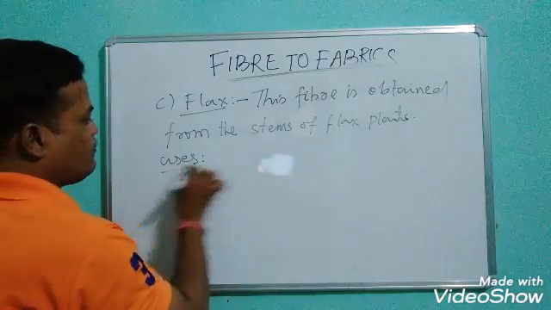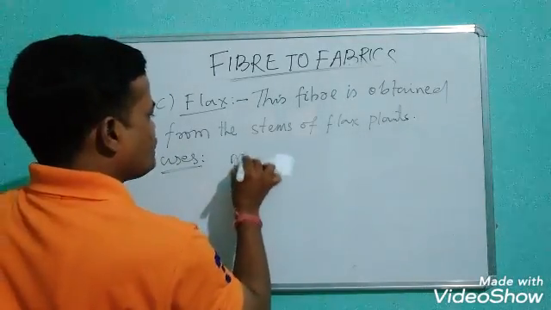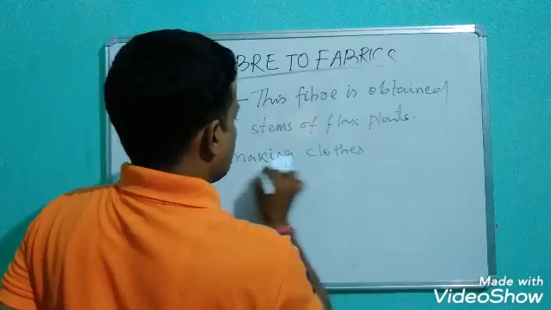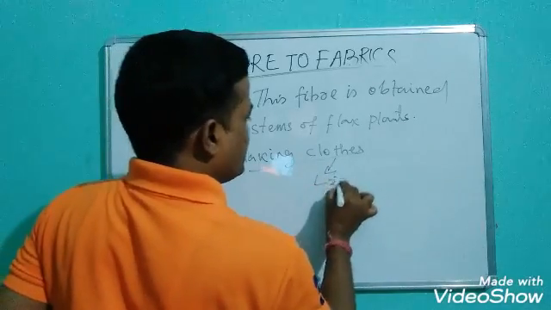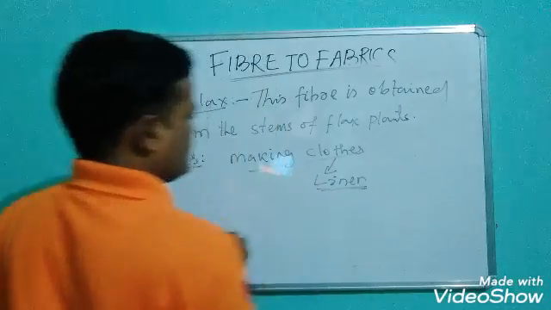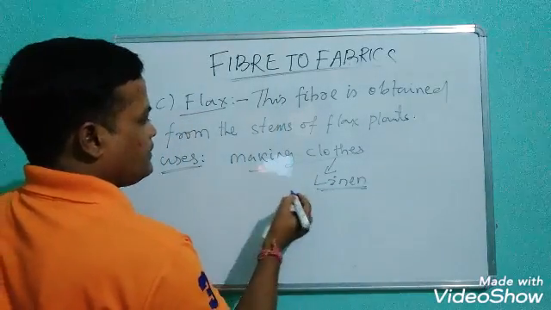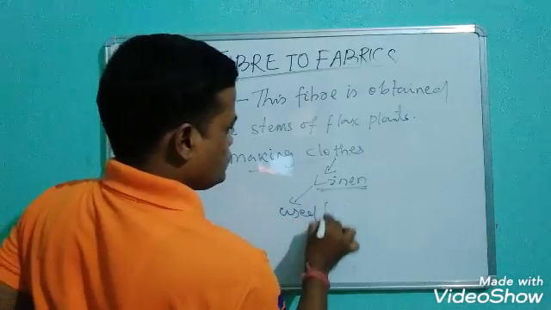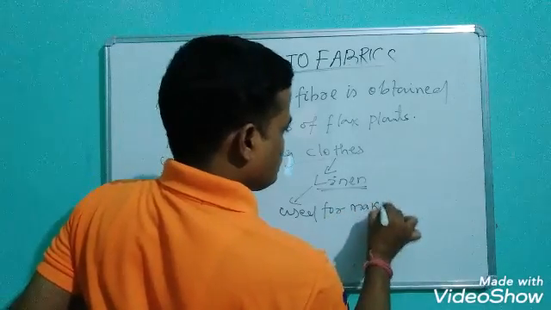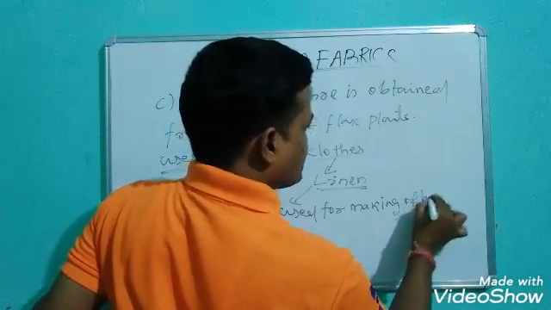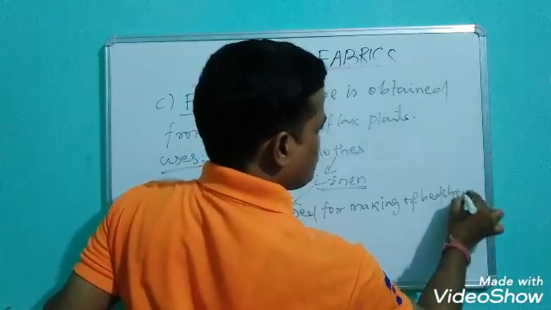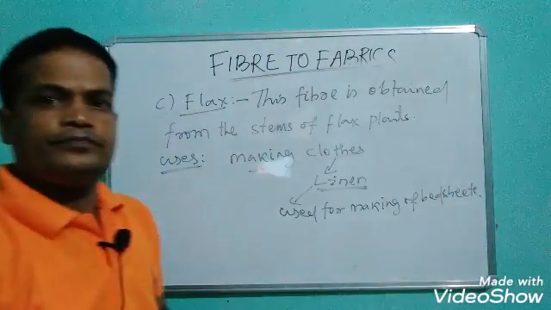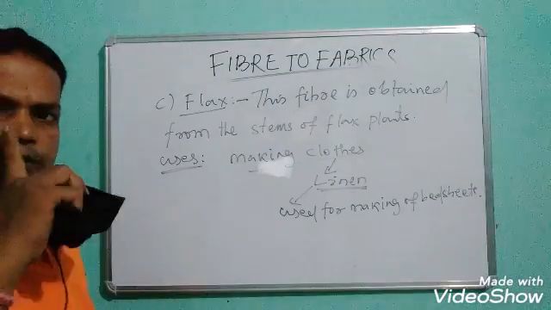Uses: flax fibers are used for making clothes. These clothes are called linen, and linen is used for making bed sheets. This is all about plant fibers.